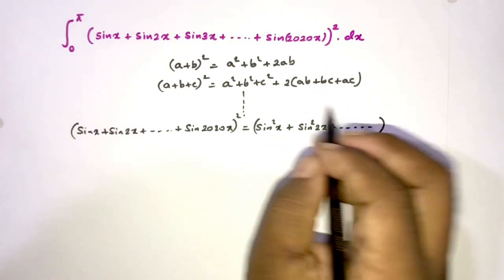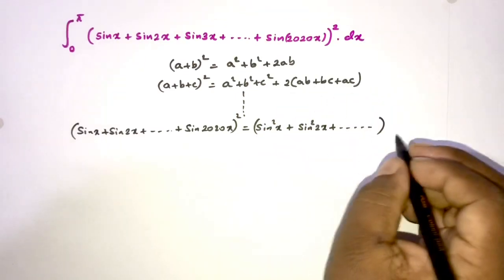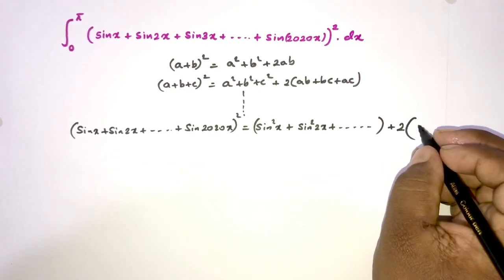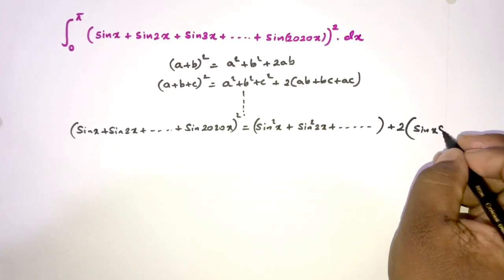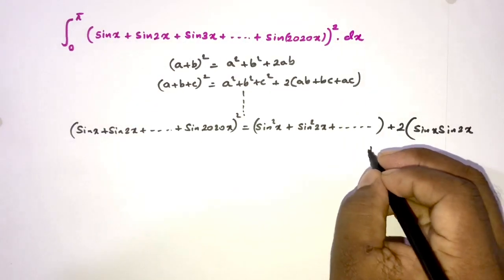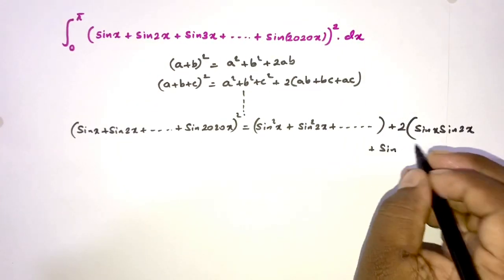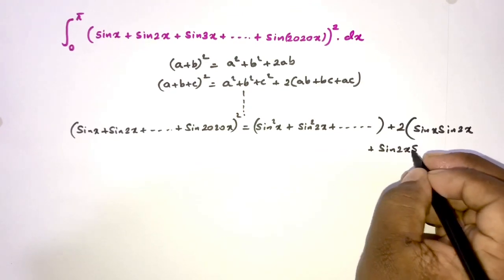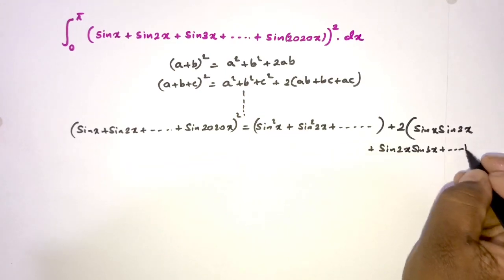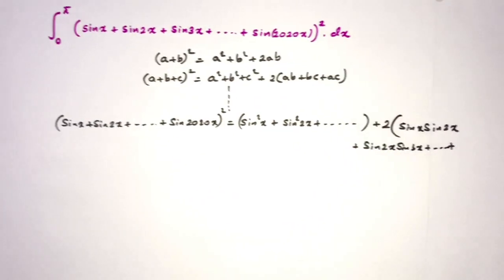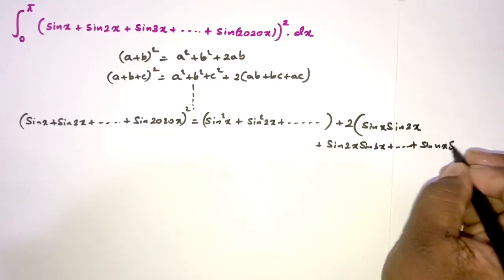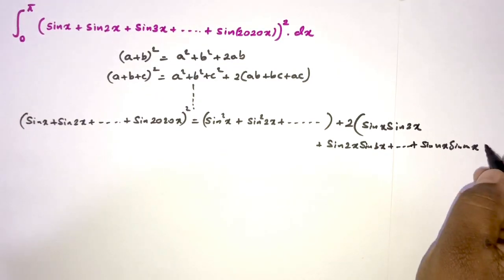Then plus 2 times (sine of x sine of 2x plus sine of 2x sine of 3x plus, in general, sine of nx sine of mx).